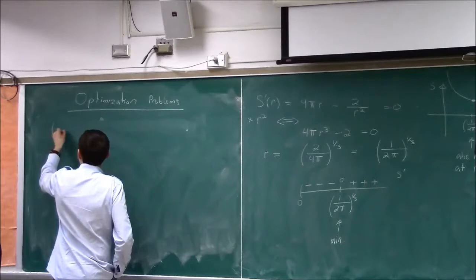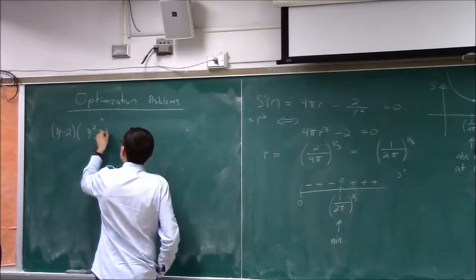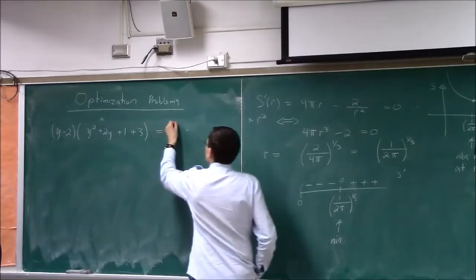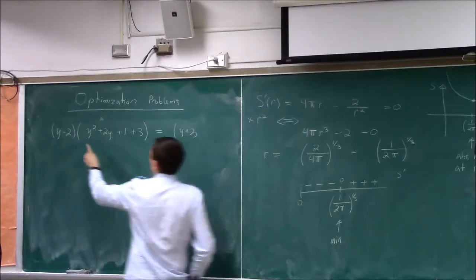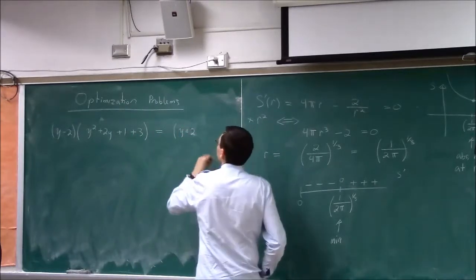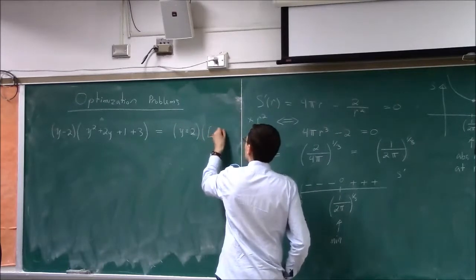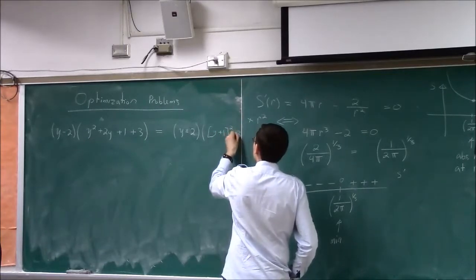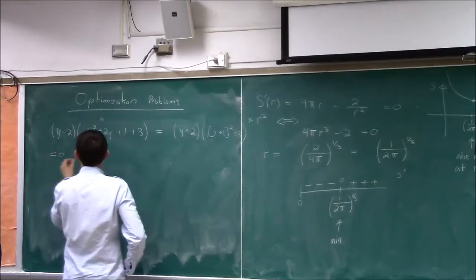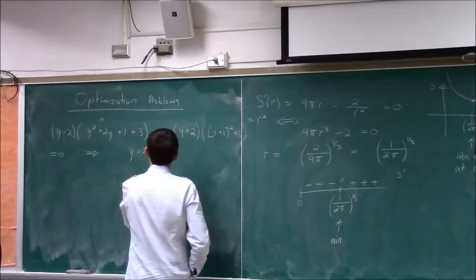So what you have here is y minus 2, and in parentheses you have y squared plus 2y plus 1 plus 3. And here I have a perfect square, y plus 1 squared plus 3. So what I have here in parentheses never equals 0. The implication is that the solution is when y equals 2. That's the only 0 I have.